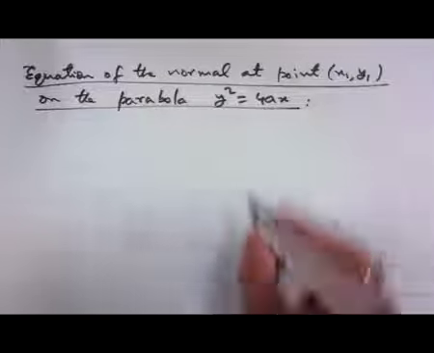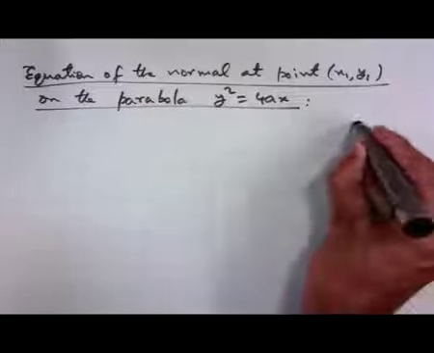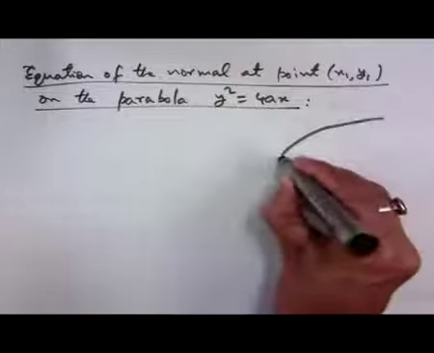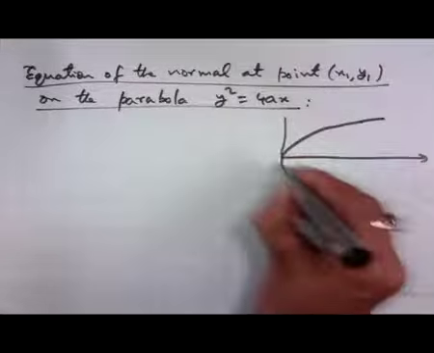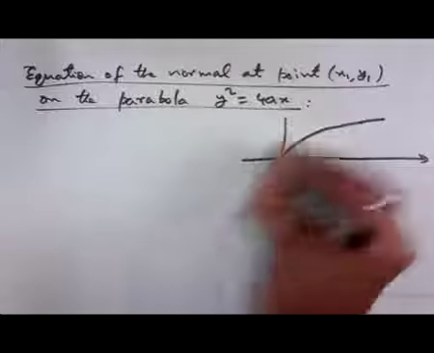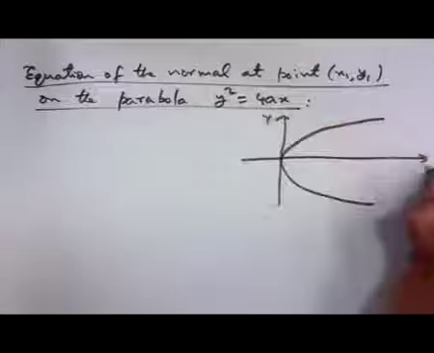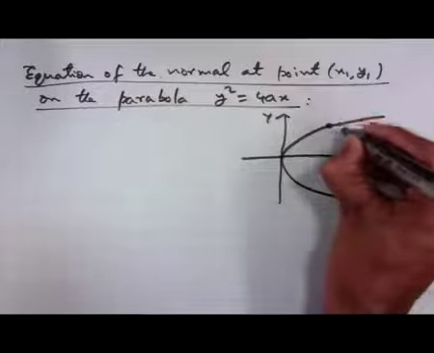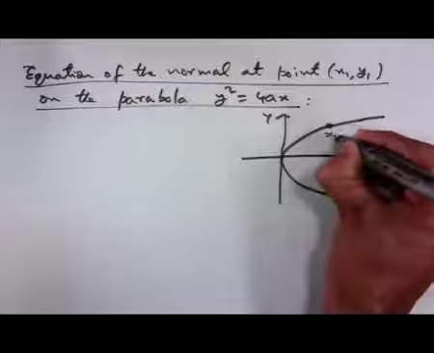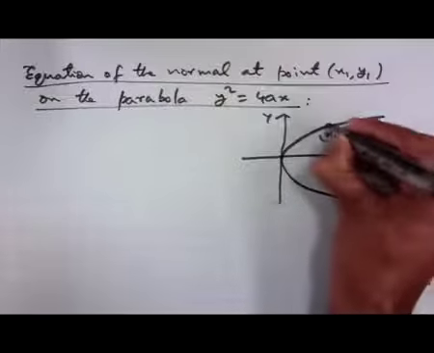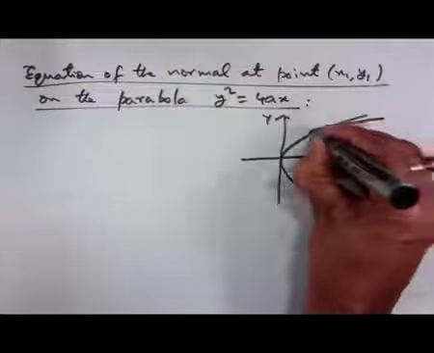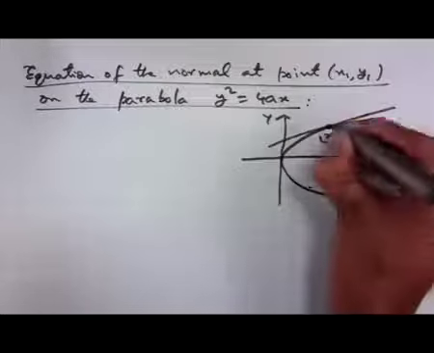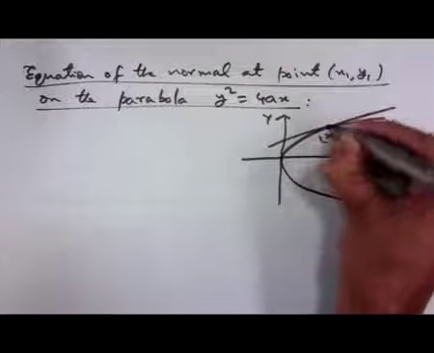So, what is the normal line? So, if we have this parabola, if we take a point x 1 y 1, the tangent line is this and the normal line is the line which is perpendicular to the tangent line.